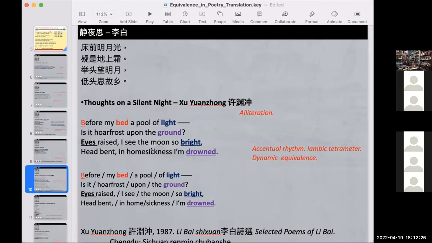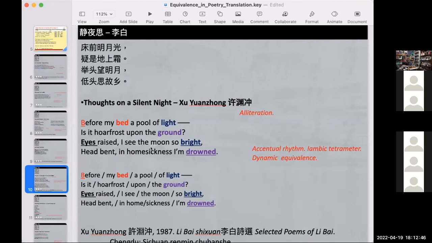Not only that, while rendering the poem following this formal equivalence, he also tried to achieve dynamic equivalence, but not in the way other Western translators did.